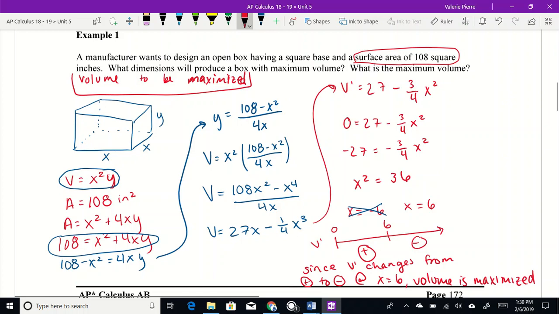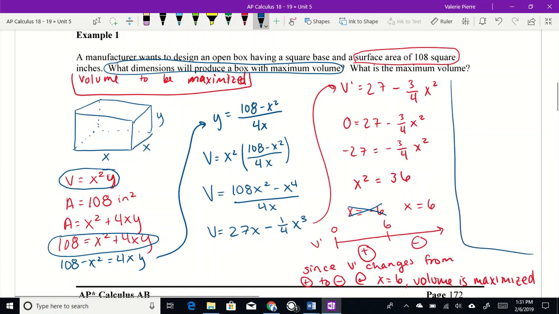Okay, so I have completed steps 1 through 5. But now I need to actually answer the questions that the problem is asking me. What are the dimensions of a box with the maximum volume?